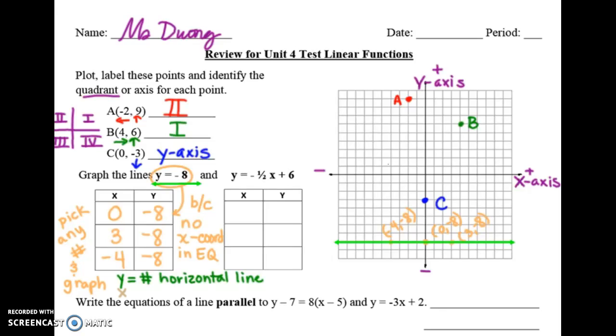The opposite is true if x equals a number. If x equals any number, positive, negative, or even 0, it will result in a vertical line, which means the line will go up and down. Remember, all lines are straight lines. Some of them are vertical, some of them are horizontal. And if they have both variables, as the next equation does, then it'll be a diagonal line.